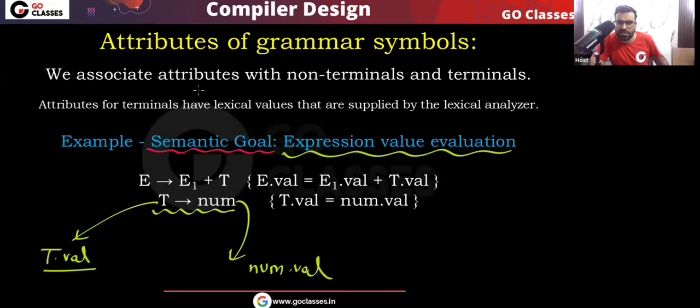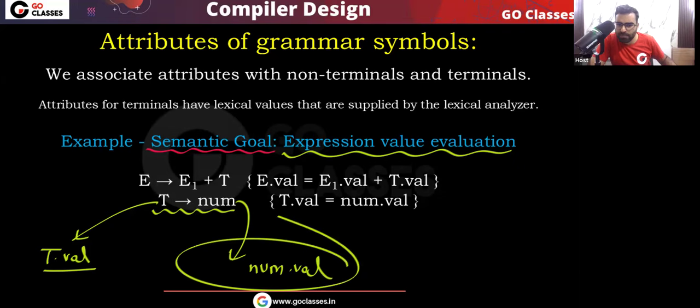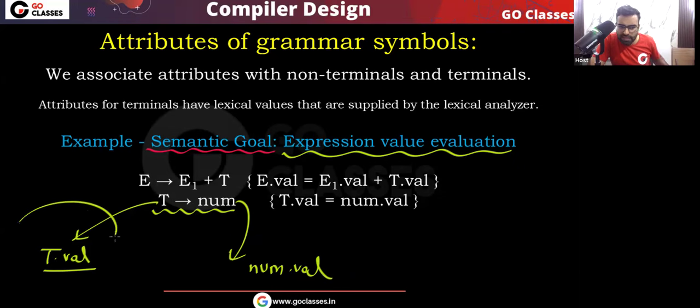I told you that the attribute values for terminals will be supplied by the lexical analyzer. So this num.val will be supplied by the lexical analyzer. I cannot write a semantic rule to compute it. But for the attribute values of non-terminals, I can write a semantic rule.